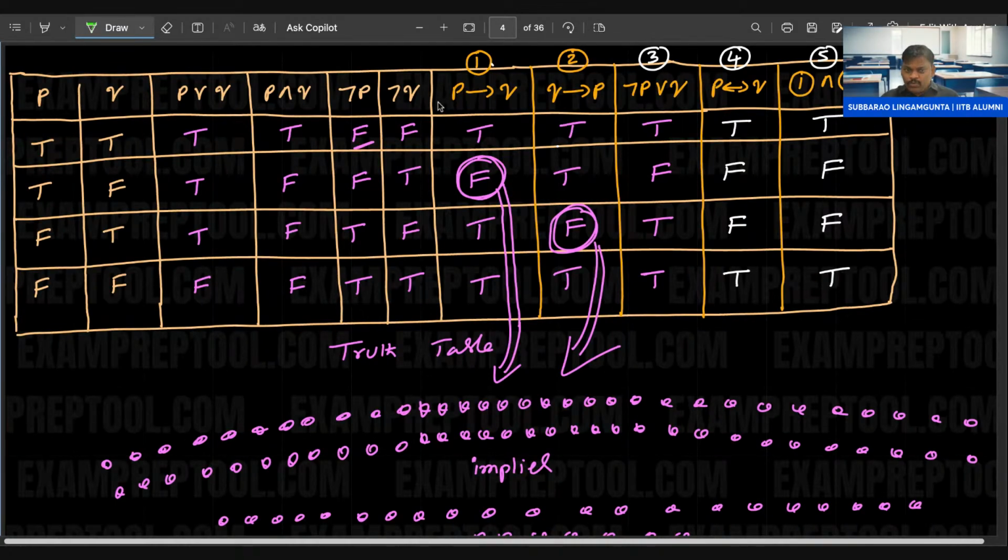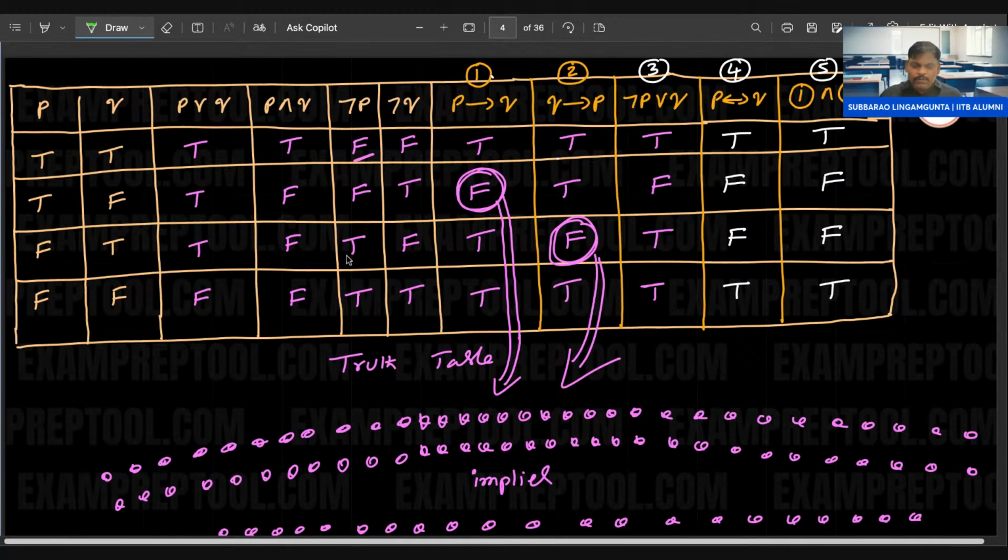If you observe clearly, P is there, negation P, negation Q, P OR Q, P AND Q, P implies Q, Q implies P, everything is done.